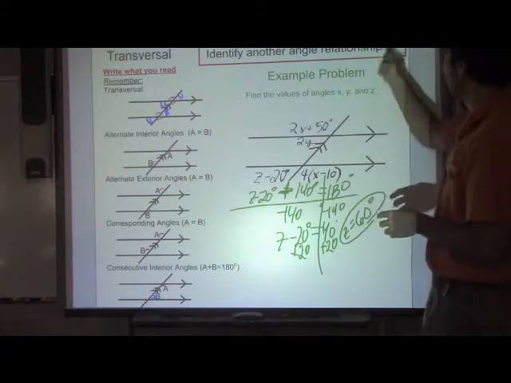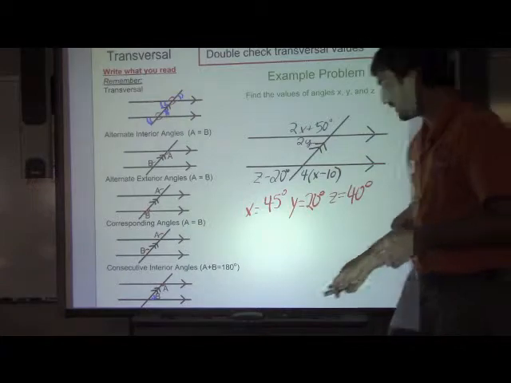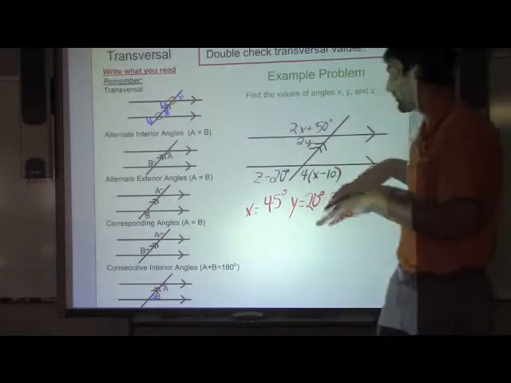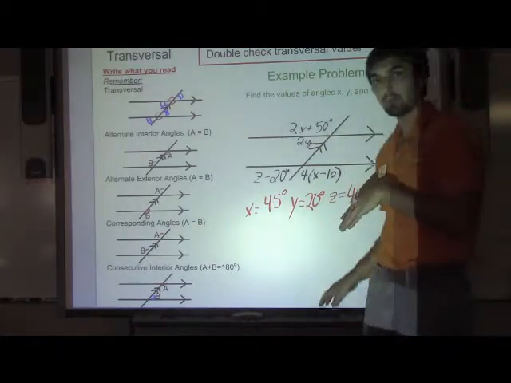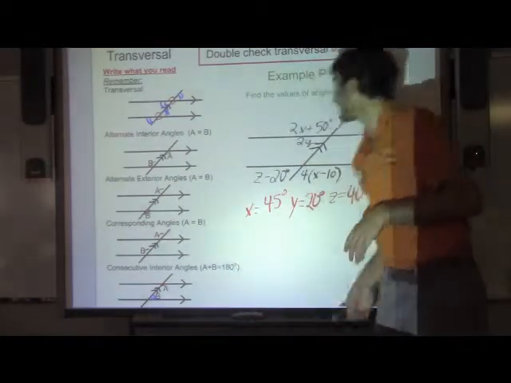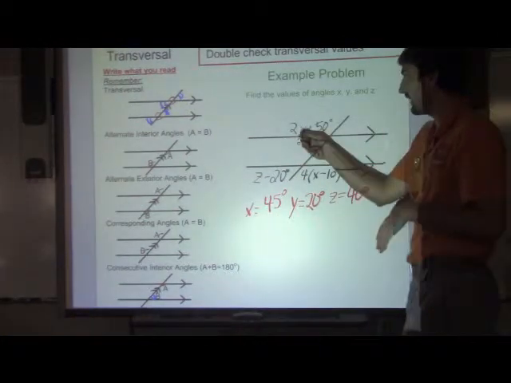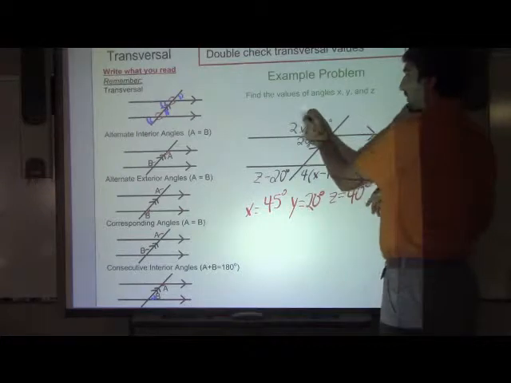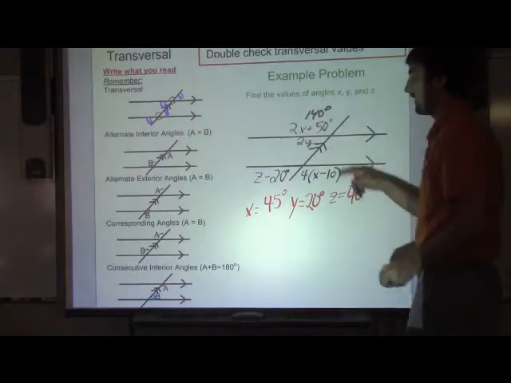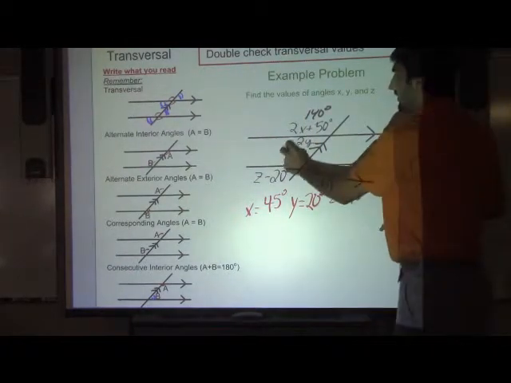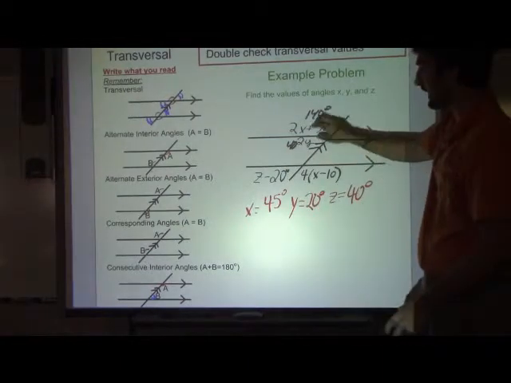Now the last thing you want to do is double check your transversal to make sure you didn't make any careless errors. In this case, I'd plug in 45. 2 times 45 is 90, plus 50, that's 140 degrees. 2 times 20 is 40 degrees. These two should add up to 180.